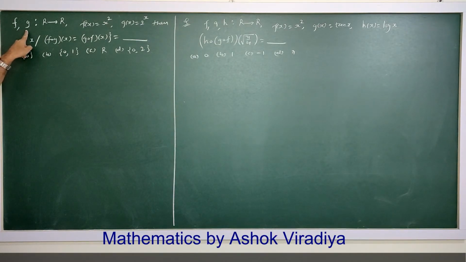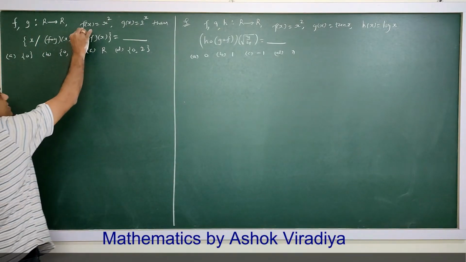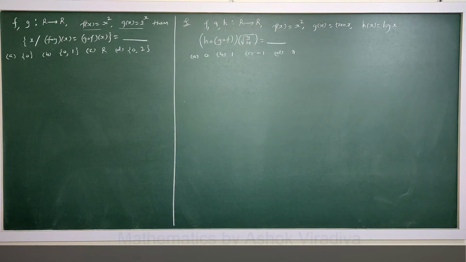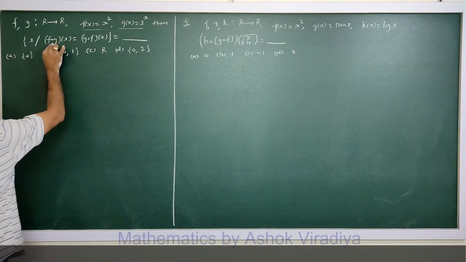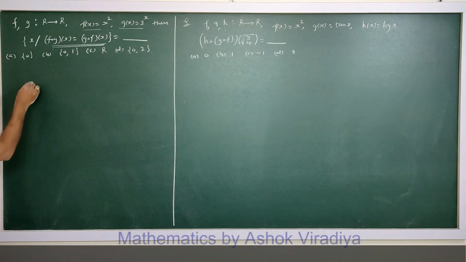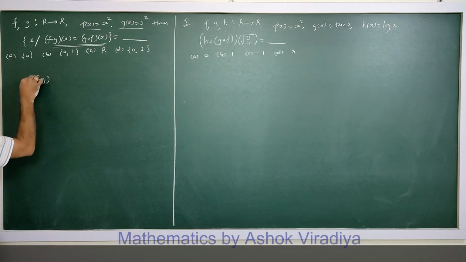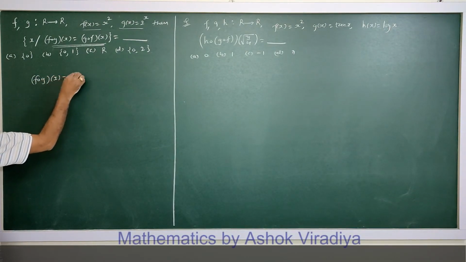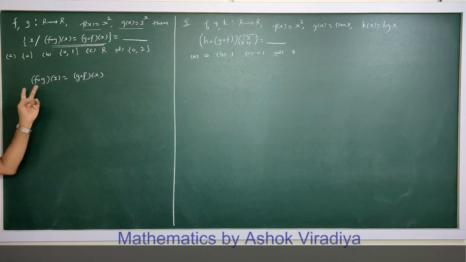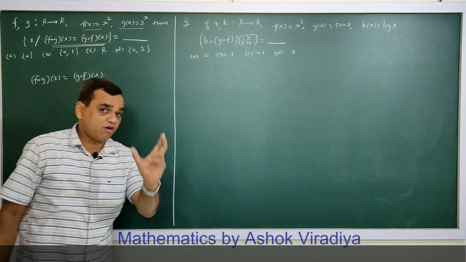f and g are functions from R to R. f(x) is x square and g(x) is 2 raised to x. Then we want the set of those numbers satisfying this condition, means those numbers for which fog(x) equals gof(x).